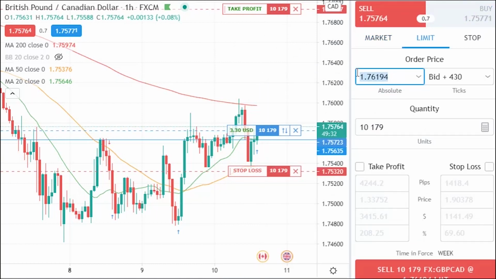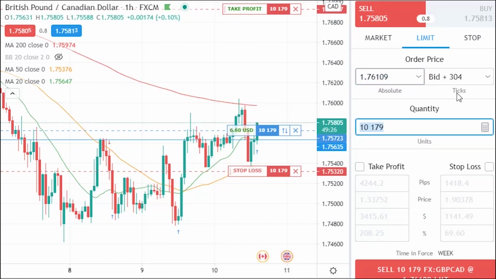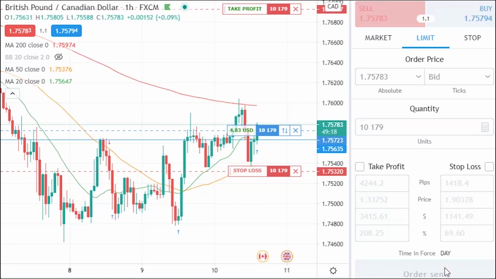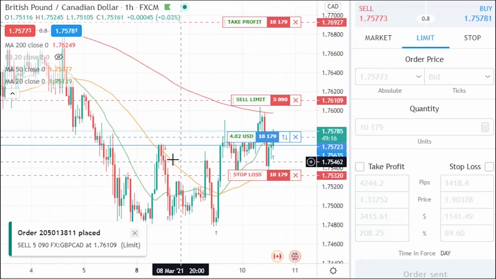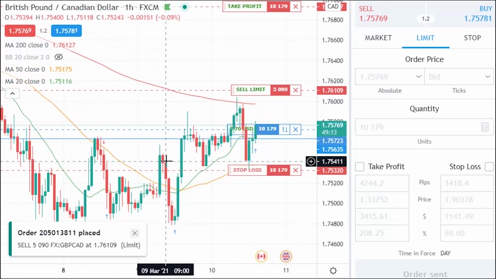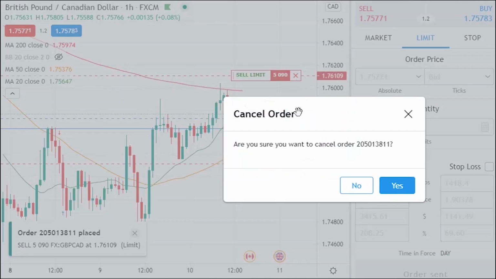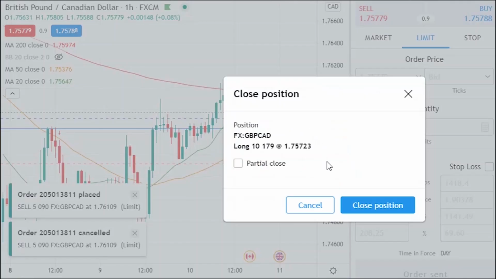We're going to take this and paste in that number we had, and we're going to cut it in half, which is about 5,090. And we would click sell here, and boom, there's our TP1. So that's how I do it myself. I'm going to get rid of all of that.